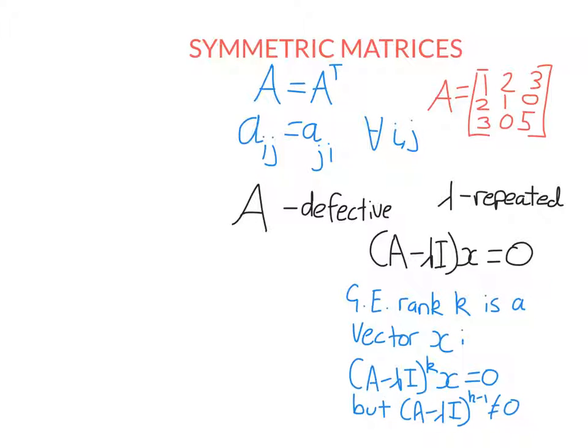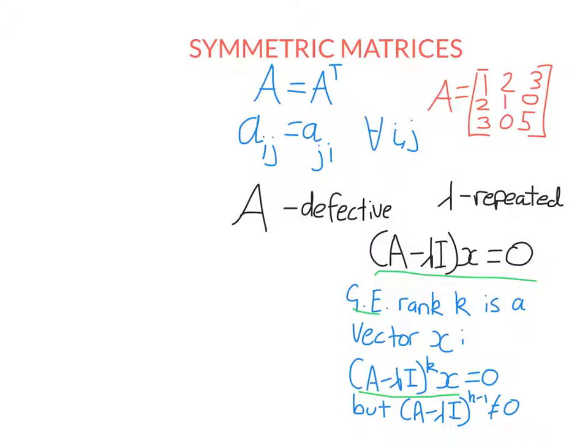Those vectors satisfy what we call a generalized eigenvector, which I've just called GE, and each generalized eigenvector has a rank, not to be confused with the rank of a matrix, which is the number of linearly independent columns. A generalized eigenvector of rank K is a vector that satisfies this equation, which is almost the same as the original equation for an eigenvector. In fact, a generalized eigenvector of rank 1 is just a normal eigenvector.